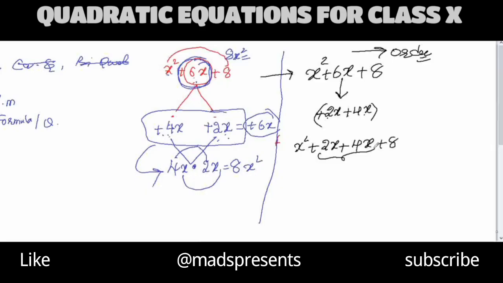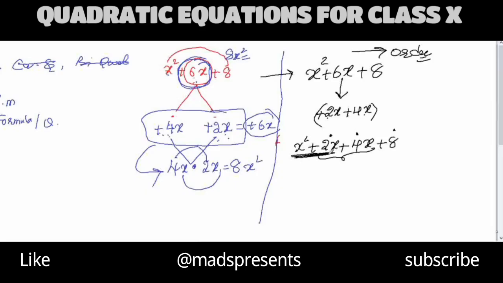In the place of 6x, I wrote 2x plus 4x. Be clear here, 2x plus 4x is 6x, and 2 fours are 8. x into x square, 8x square, we got the extreme term.